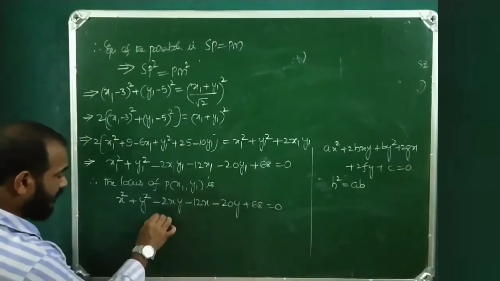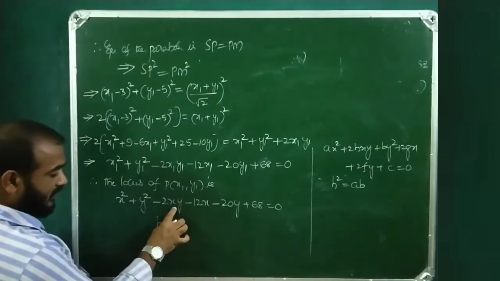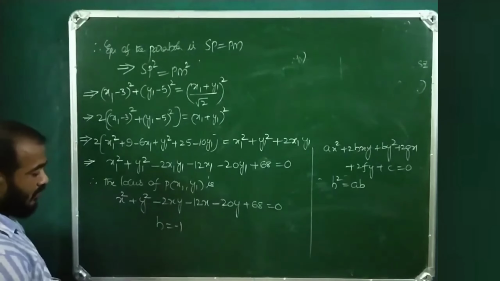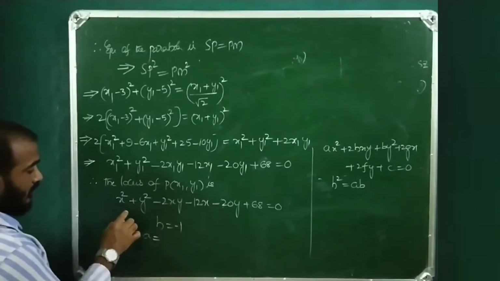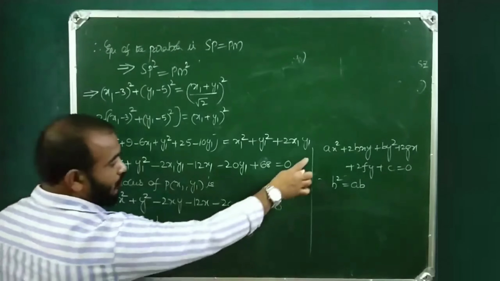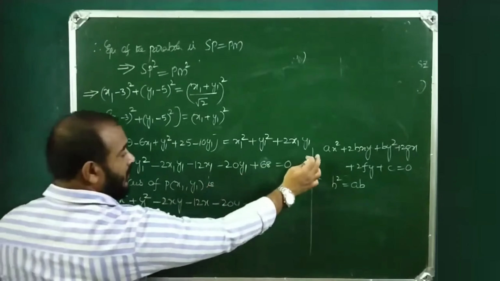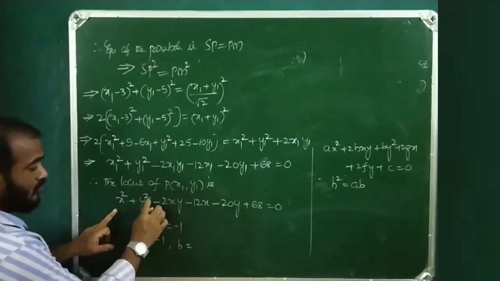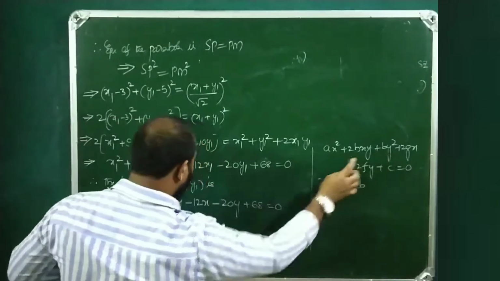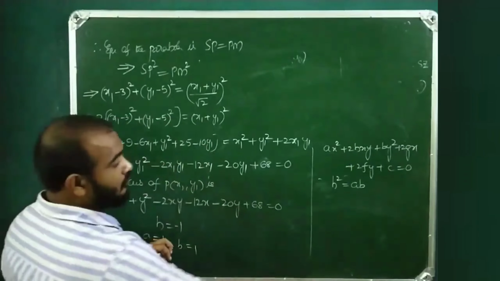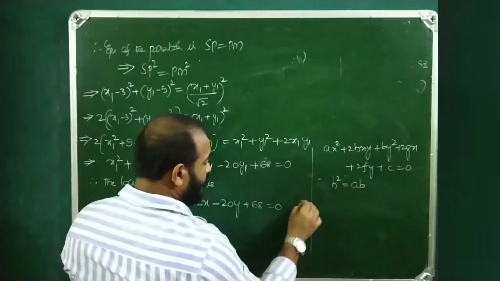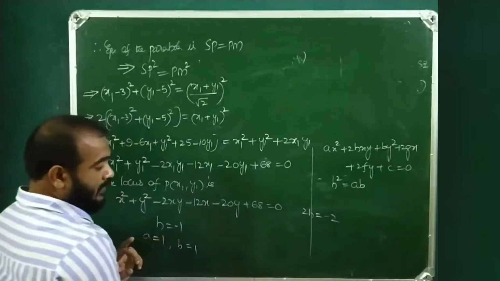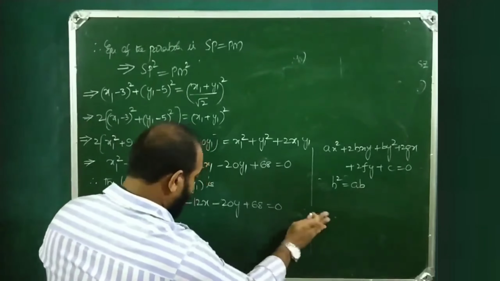What is h here? 2h is the coefficient of xy. 2h equals minus 2, so h equals minus 1. Comparing the x square coefficient, a equals 1. The y square coefficient gives b equals 1. The xy coefficient is 2h, here minus 2, so the 2 gets cancelled, h equals minus 1.